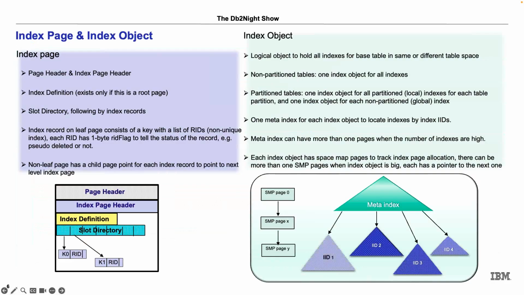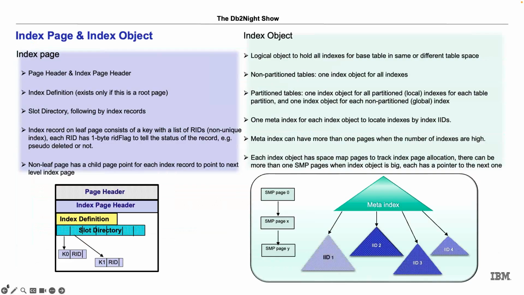On the right, that's a diagram showing the index object. For non-partitioned tables, there's only one index object containing all the indexes defined on the table. But for partitioned tables, we'll have one index object per partition for local indexes and one for global indexes, which are also called non-partitioned indexes. All right, so for each index object, you will see there is a meta index, which by itself is also a B+ tree.